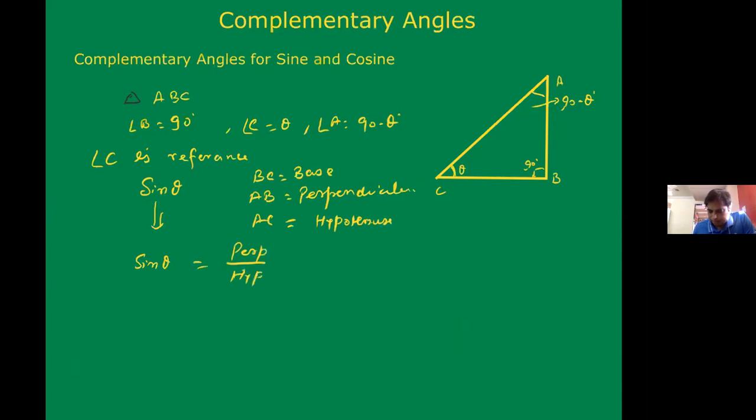The perpendicular is AB and the hypotenuse is AC, so sine theta is AB by AC. This is my equation 1.